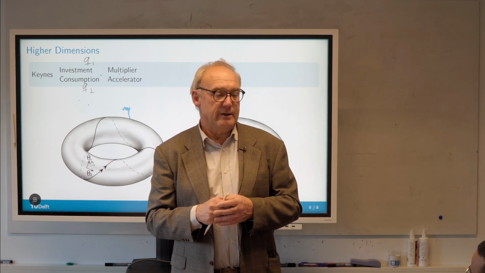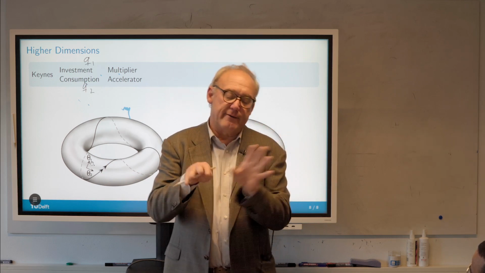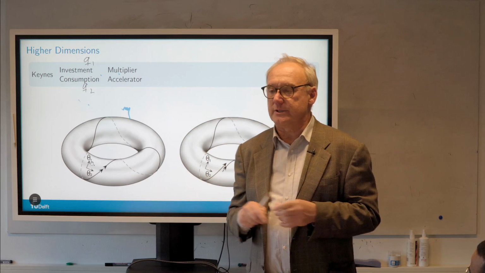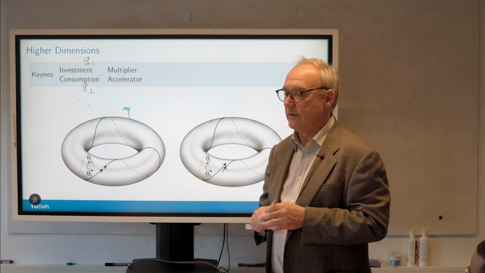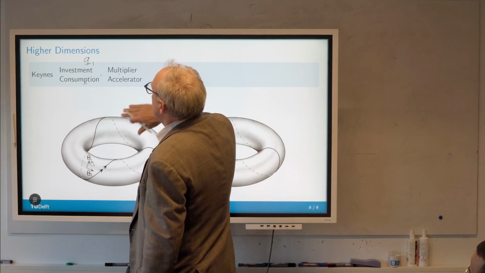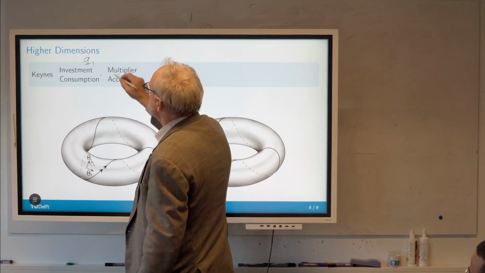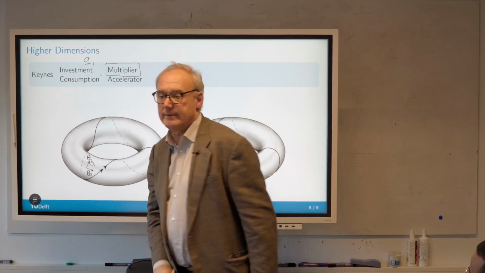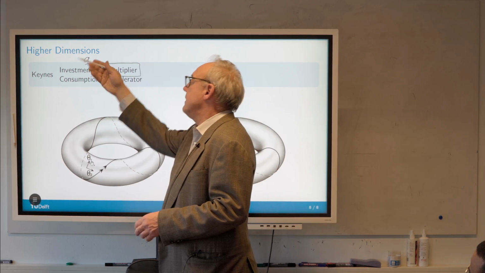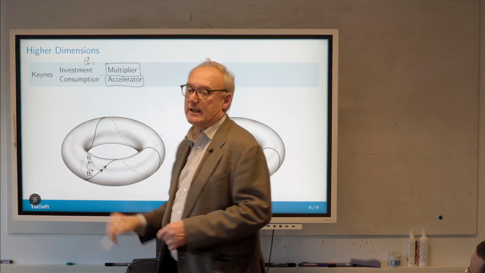You can look at the modes, and then you have very special combinations where they don't do it, but normally you will see they interact with each other. And these interactions have names. The way investment works on consumption is what they call the Keynesian multiplier. And the way consumption then influences investment is what is called the accelerator.